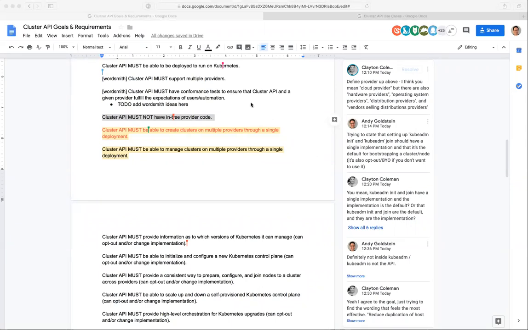Okay, so I think you're restating what we have here, that we must have conformance tests to make sure that cluster API and providers work properly. Yeah, I think he's explicitly stating that, typically, if I'm super old school and I designed a specification, I should have a test for every spec that I write. So everything that has a must has a test. I think that's exactly the idea. Thank you.